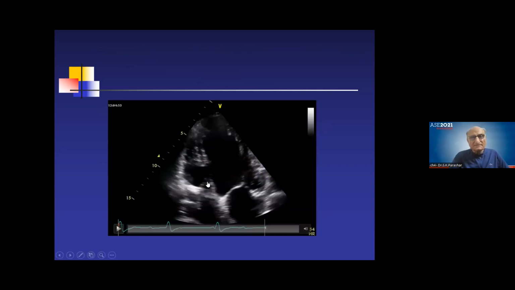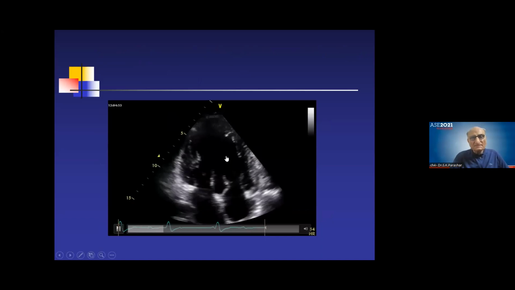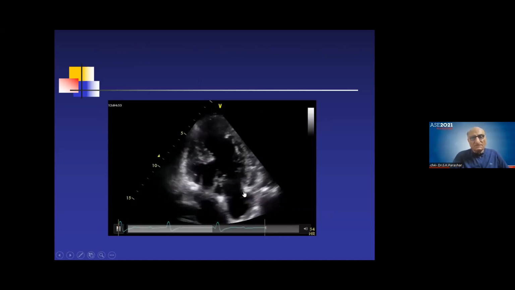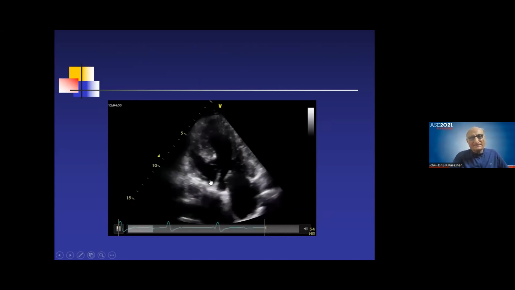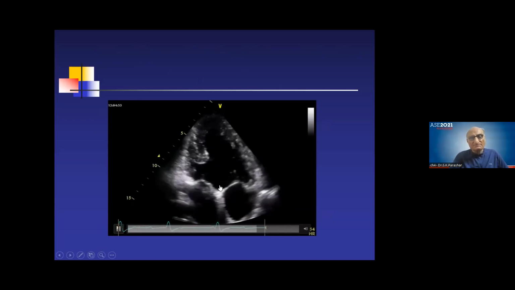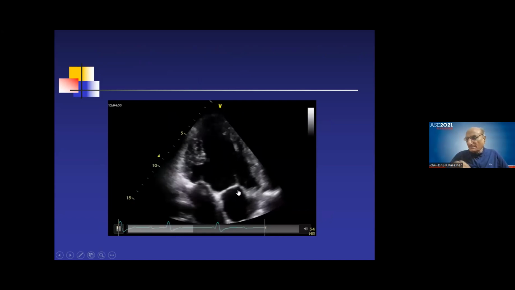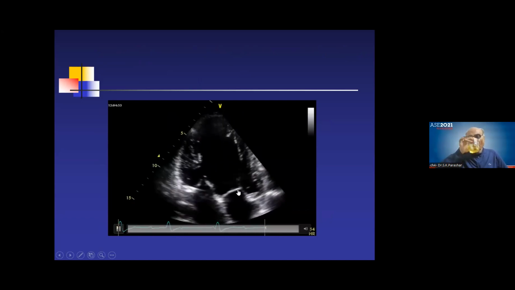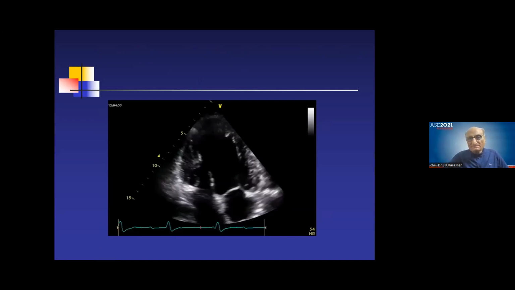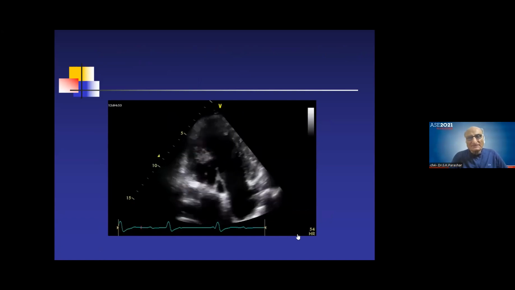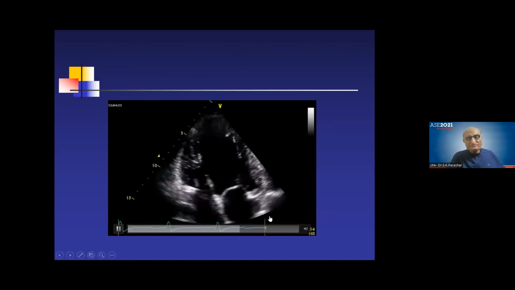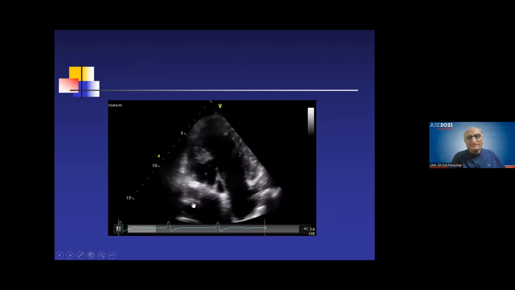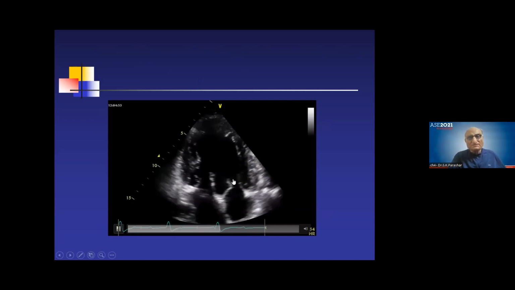As you see here, two AV valves kissing each other with no interventricular septum separating them, in a single chamber. On color flow mapping, you will see both flows coming in and joining into the chamber. Nothing to separate them.